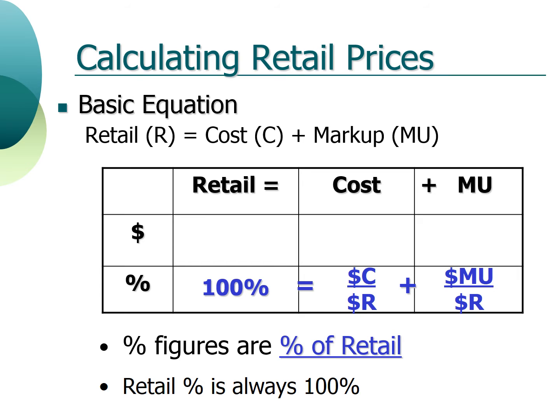So it would be 100%, or retail percent equals cost percent plus markup percent. The cost percent is cost dollar divided by retail dollar, because it's a percent of retail, so your denominator is the retail. And markup percent is the same way: markup dollar over retail dollar. Again, percent of retail.